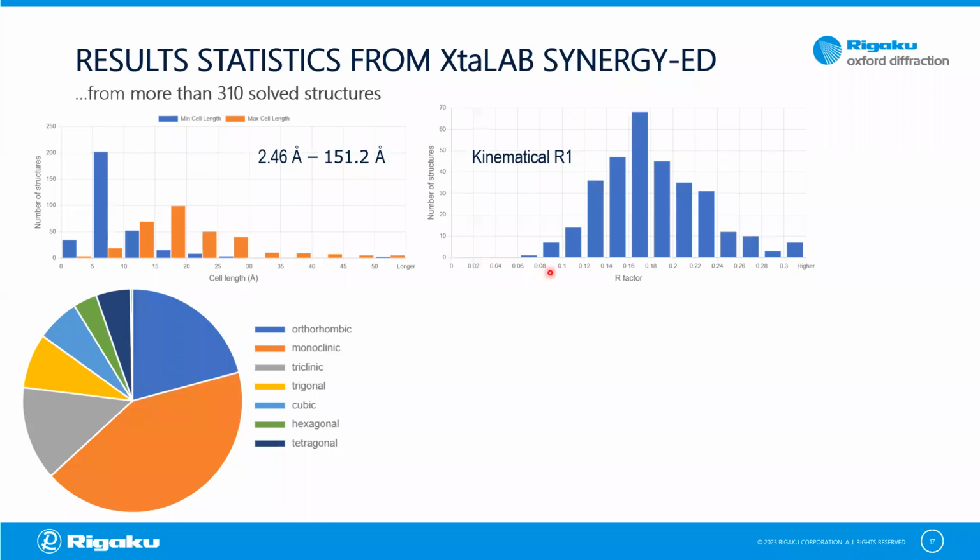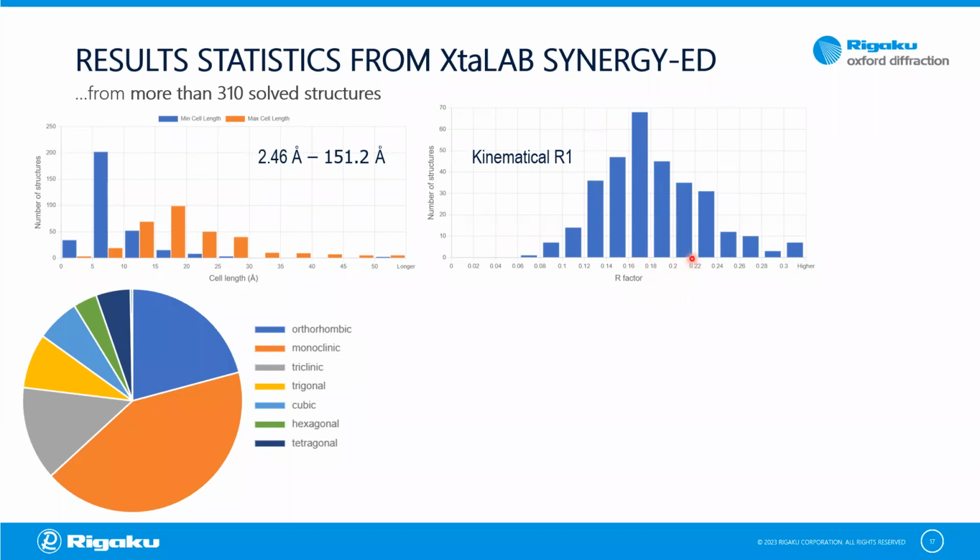This is quite interesting. These are the kinematical R1 values. With kinematical, I mean that in the refinement that yielded those values, we use the kinematical approximation of only single diffraction events. This approximation is relatively bad for electrons, which leads to these R factors being systematically higher than for X-ray. So the median is about at 17%.